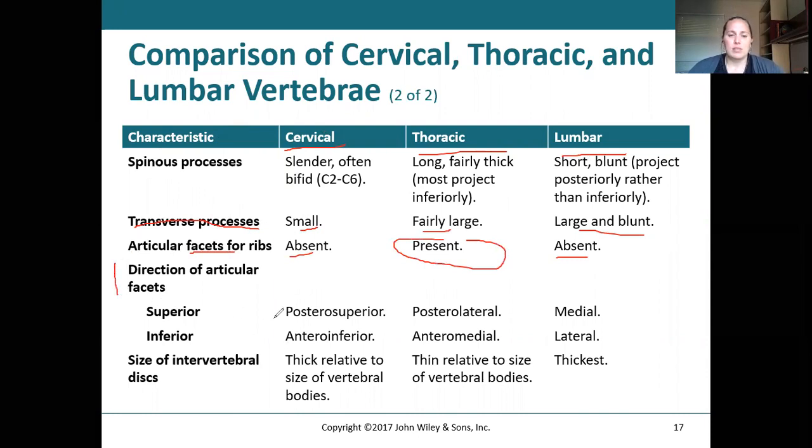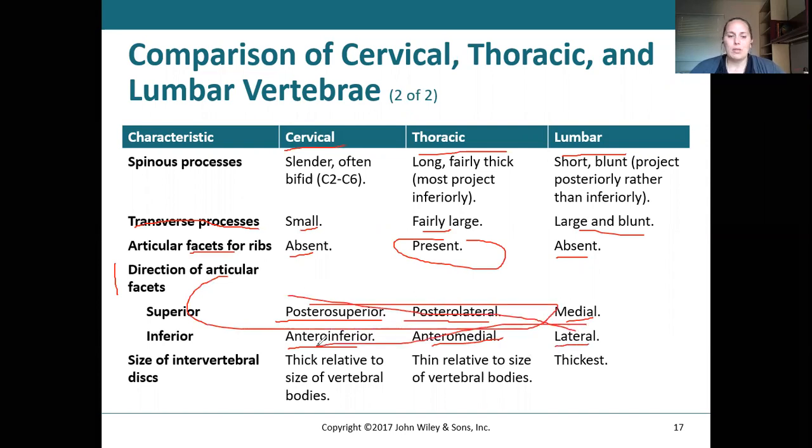Direction of articular facets: posterior superior, posterior lateral, and medial. And for your inferior facets, anterior, medial, and lateral. These are not necessarily things I'm going to ask you to memorize or know. And then the size of the intervertebral discs: thick relative to the size of the vertebral bodies, which is pretty small; thin relative to the size of the vertebral bodies, which is a little bit larger.